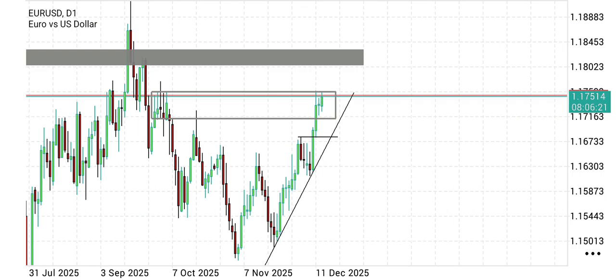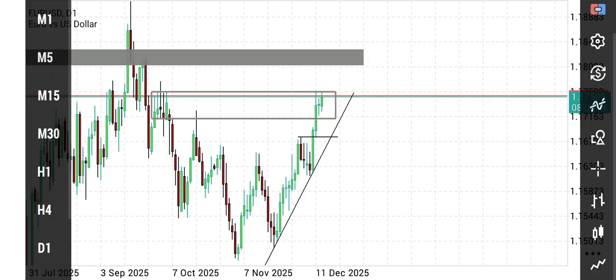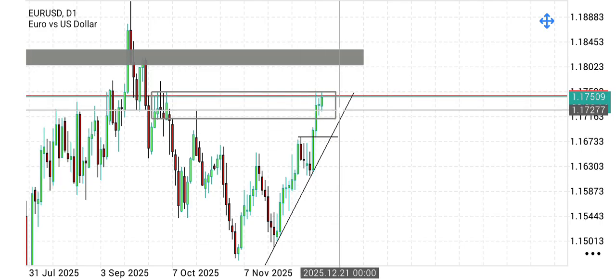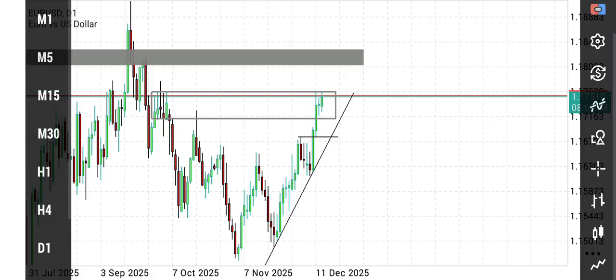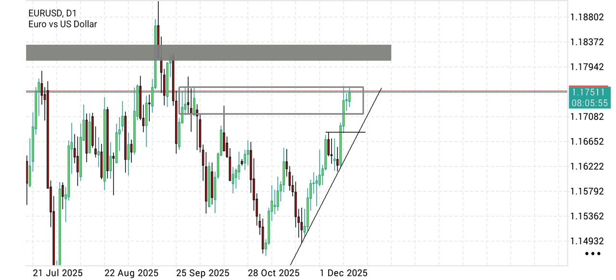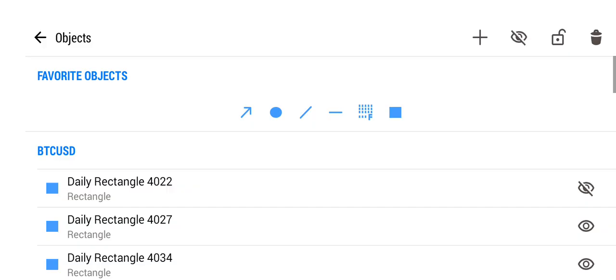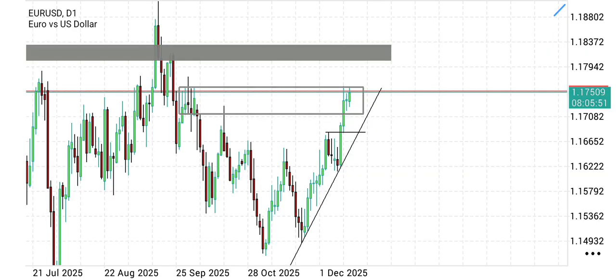What I'm gonna do now is, I can also see this level right over here, which we already broke above, and the market might come back and retest it again. So I'm just gonna take my trend line and place it somewhere around here.